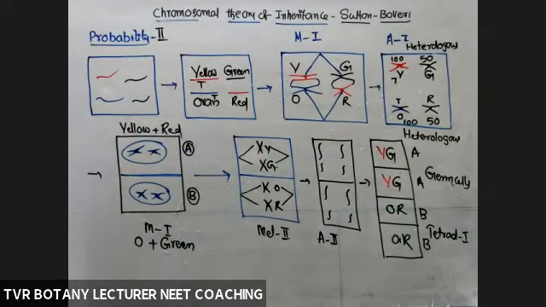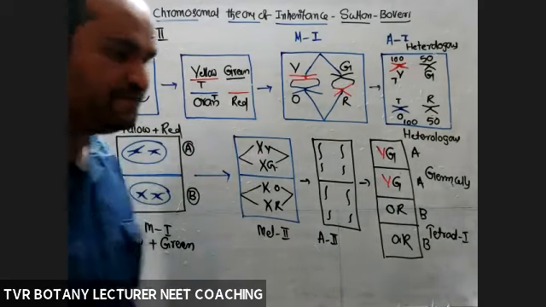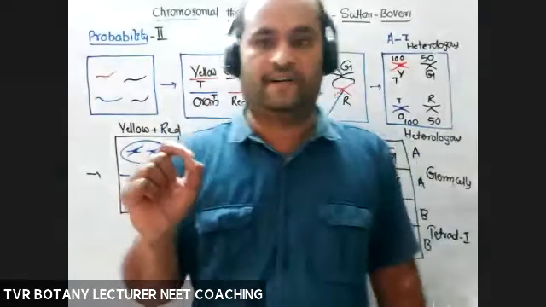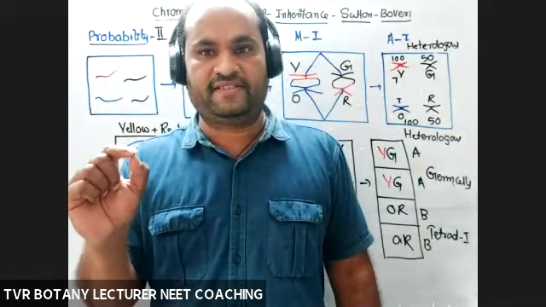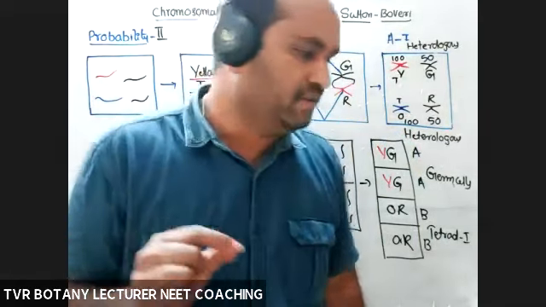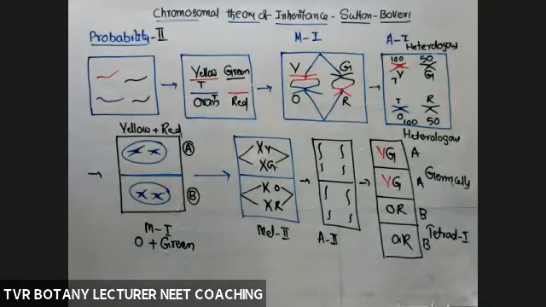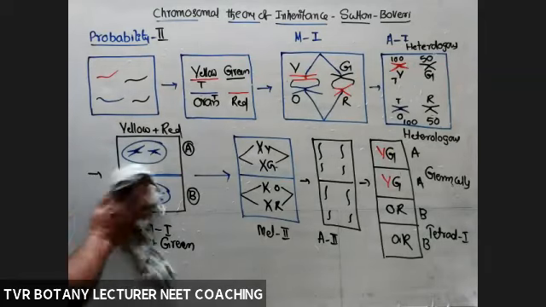So consolidate the two statements given by Sutton and Boveri. Statement 1: the behavior of chromosomes is parallel to the behavior of genes, or factors present on them. First statement, the introduction part. Wait.